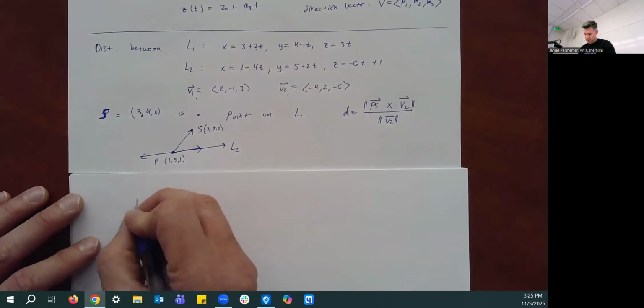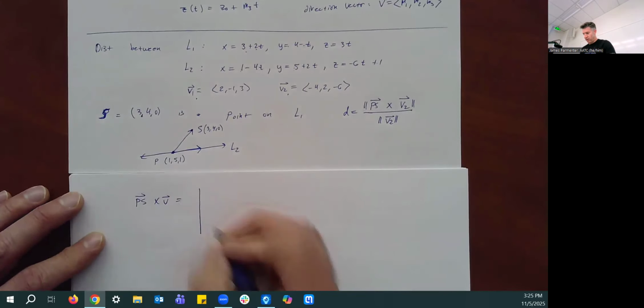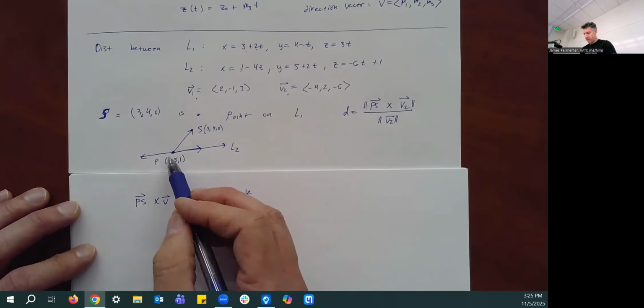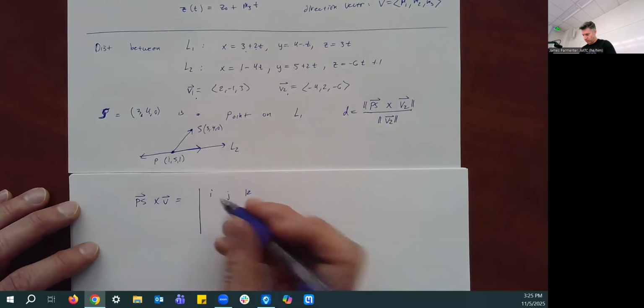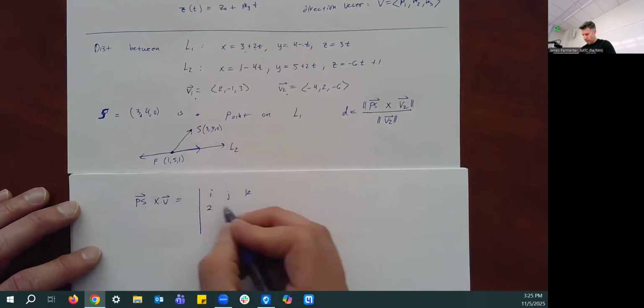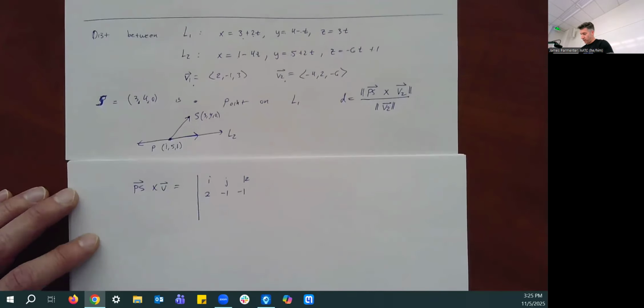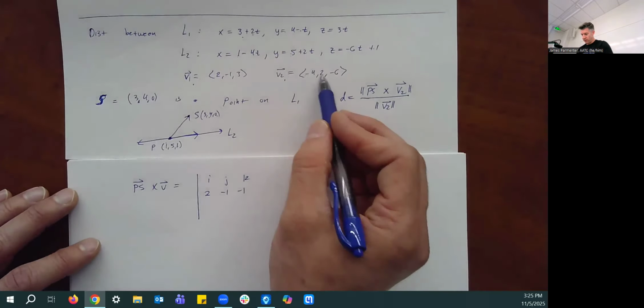So PS crossed with V is going to look like the determinant of i, j, k. The vector PS is 3 minus 1, which is 2, 4 minus 5, which is -1, 0 minus 1, which is -1. And the vector V2 is (-4, 2, -6).